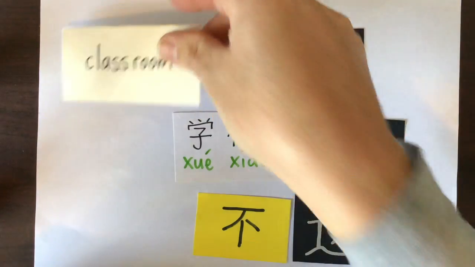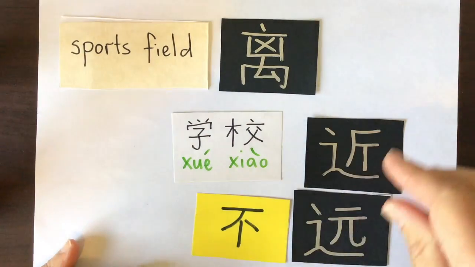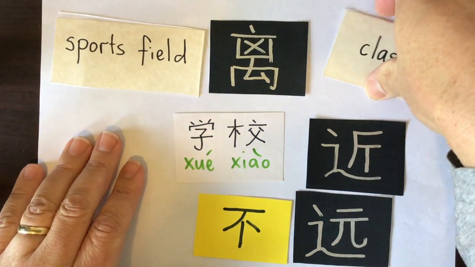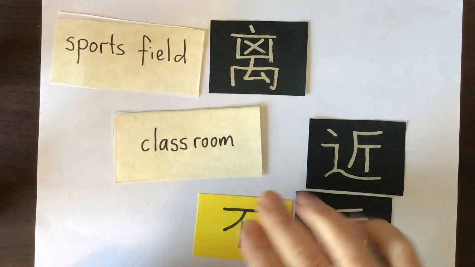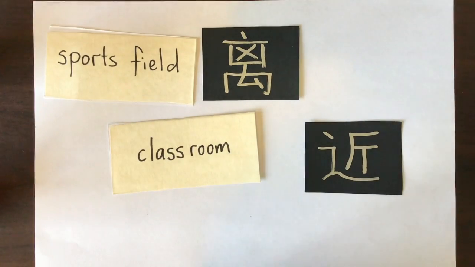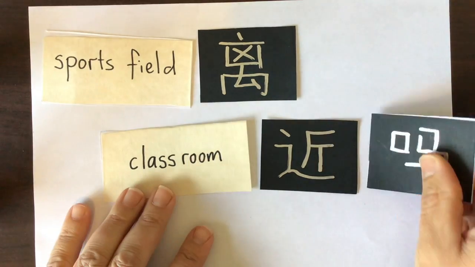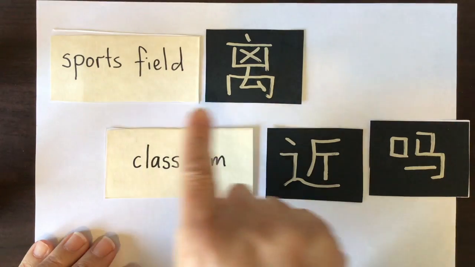So we're going to ask about, not the classroom, we're going to ask about the sports field at school. Need Li. We need classroom. I don't think that can fit. I might need to put that down here. My apologies. Then let's take these two words out and put this one in here. So someone at school is asking about the sports field.